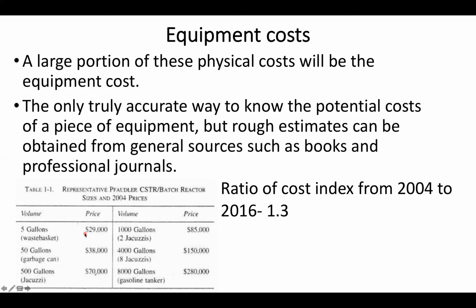But notice, going from 5 gallons to 500 gallons, I'm still paying only a little bit more than twice as much. And by the time I get up all the way to 8,000 gallons, I'm only paying about 10 times as much as I am for a 5-gallon reactor.